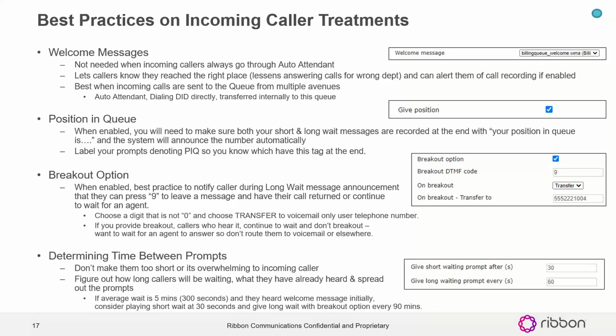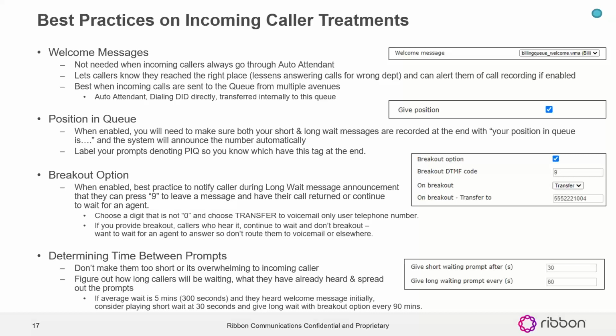And then just making that decision of how much time are you going to, how often are you going to play these messages, are in these two fields. The short prompt after X, that's after 30 seconds is what I have defined here. And then the long wait every 60 seconds, 90 seconds. It all depends upon how long that you think people will be waiting to hear that.